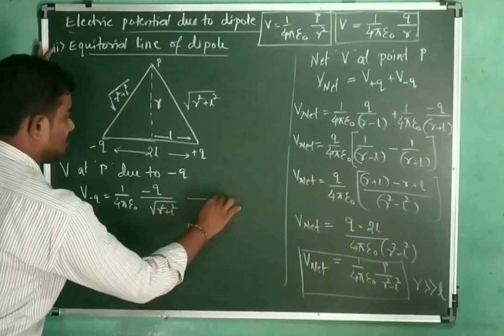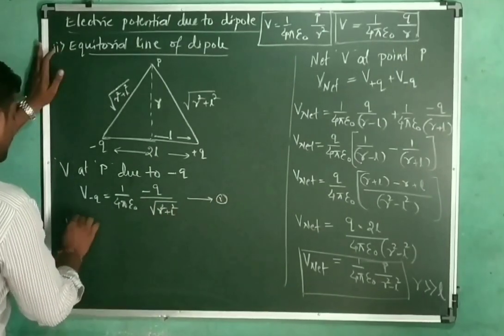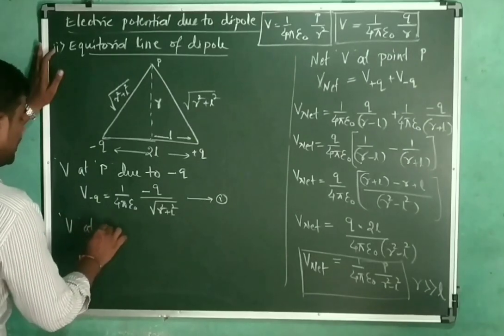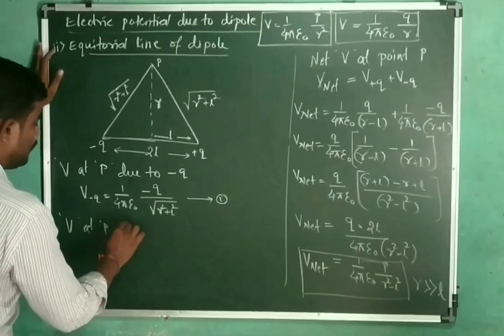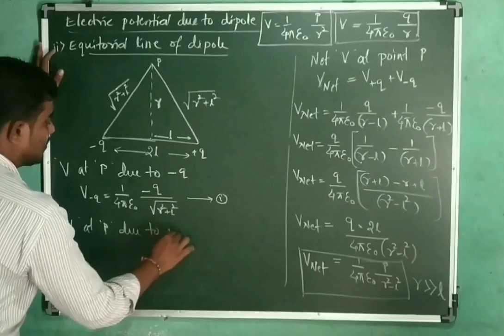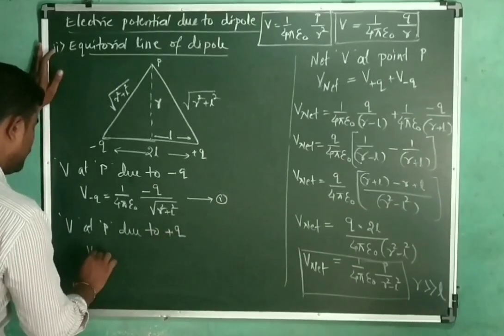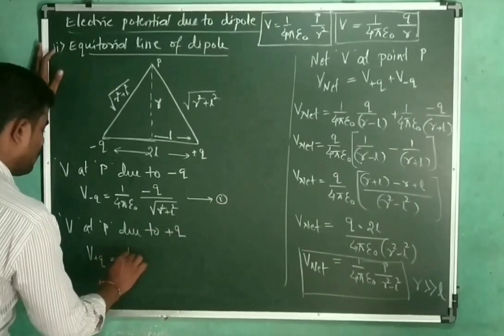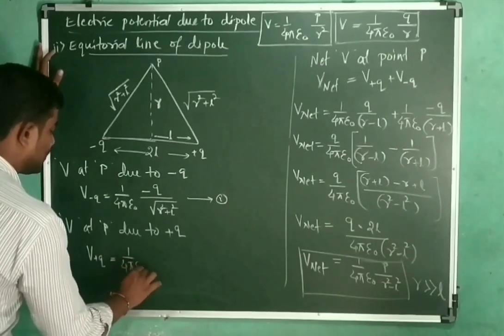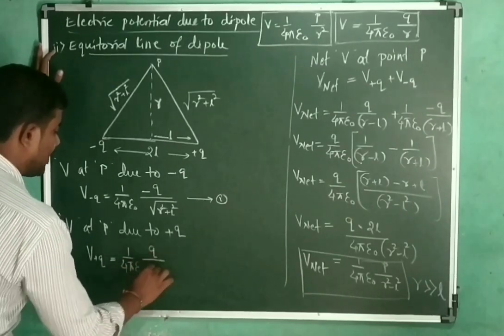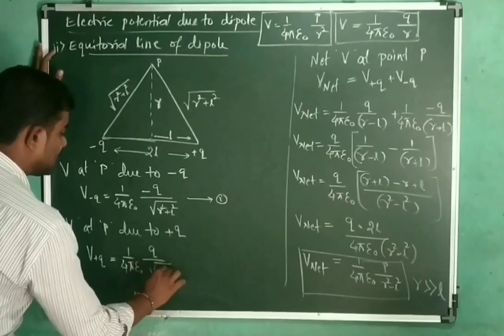Let us call it equation 1. And the electric potential at P due to plus q, that is V due to plus q is equal to 1 divided by 4 pi epsilon naught plus q divided by under root r square plus l square.